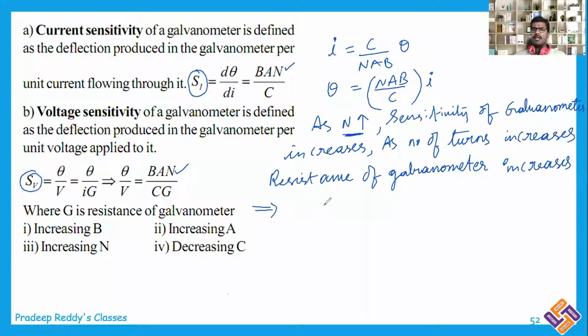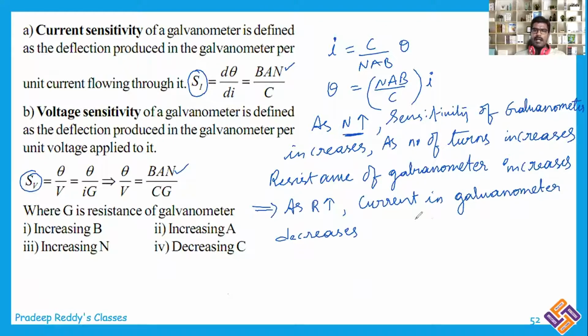As the resistance of the galvanometer increases, the current in the galvanometer decreases. Current in the galvanometer decreases.